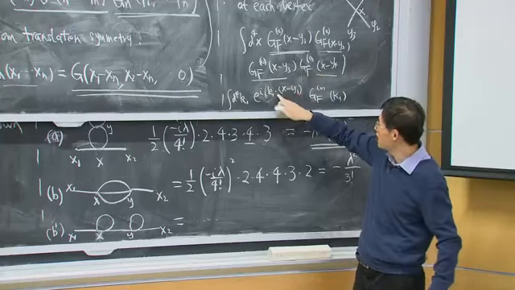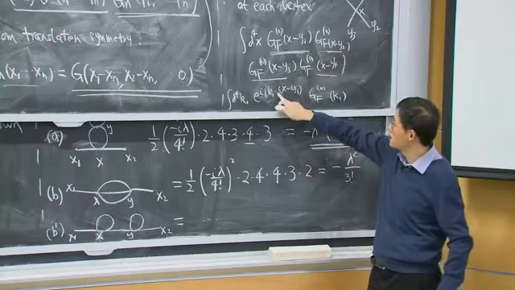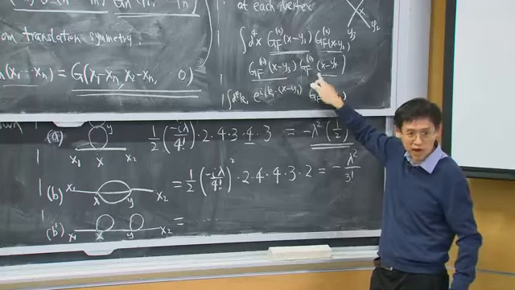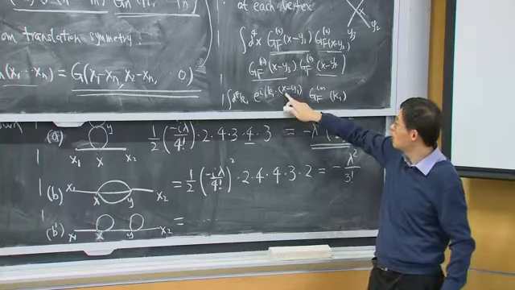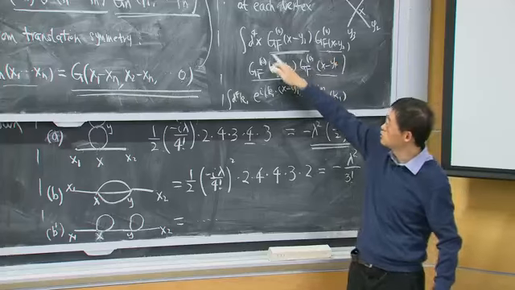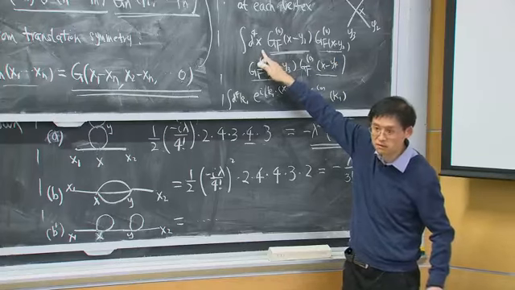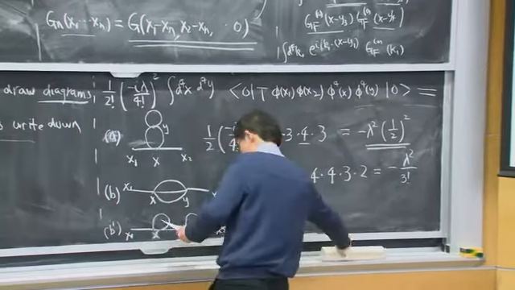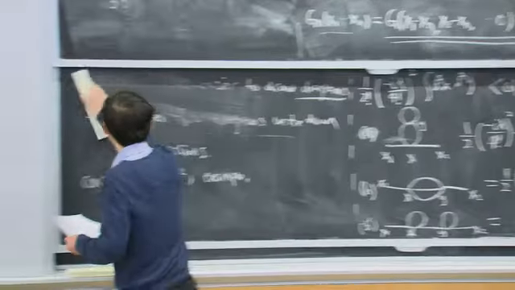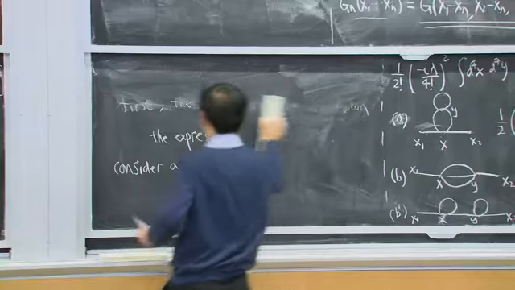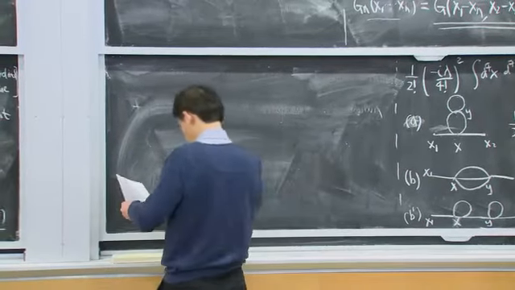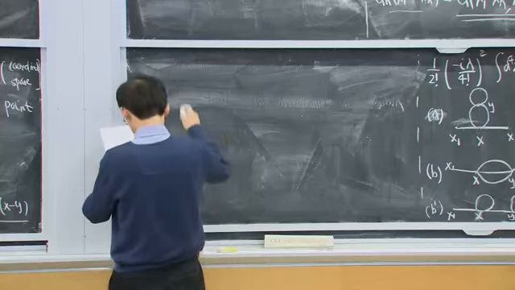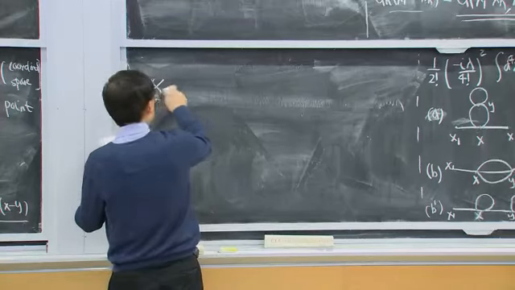These have e to the i k1 x, these have e to the i k2 x, these have e to the i k3 x, and these have e to the i k4 x. There's no other x dependence, and then you have d4x here. So what you get is just a delta function.